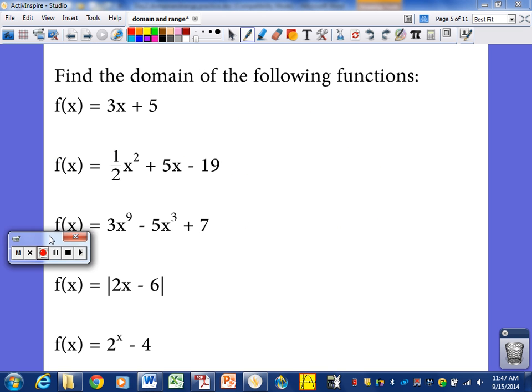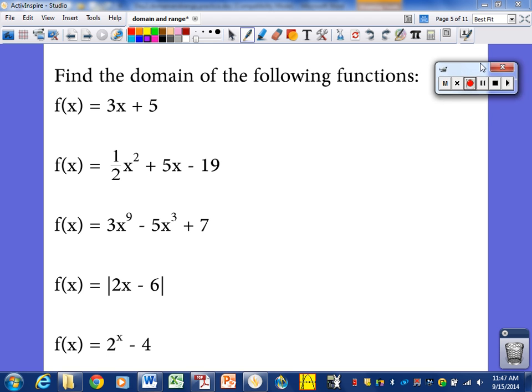So here are some examples. Find the domain of these functions. Okay. What type of a function is this? It's a linear function because it's just an x to the first power.